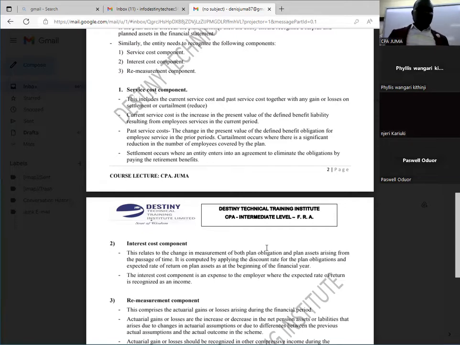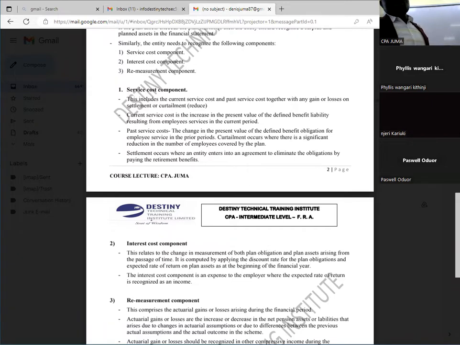In case that case is determined that it should be effective, though what we know is the law is not applied retrospectively, it's applied progressively. If it's to be backdated, now you have to adjust, then those are called the past service costs, if you have to incur for what was provided in the prior periods.